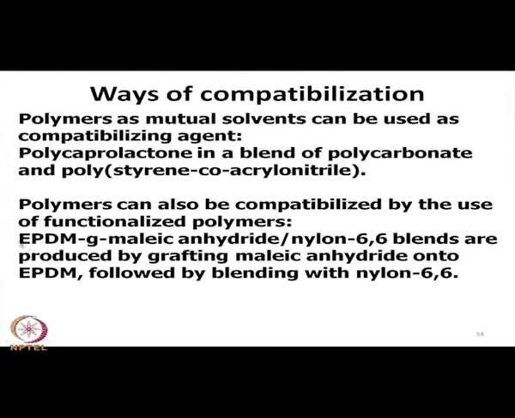Otherwise, EPDM is a hydrocarbon polymer, nylon 6,6 is a polar polymer, they are not supposed to be miscible with each other, but when maleic anhydride is grafted on EPDM, this maleic anhydride part in the EPDM grafted chain acts as the compatibilizer.